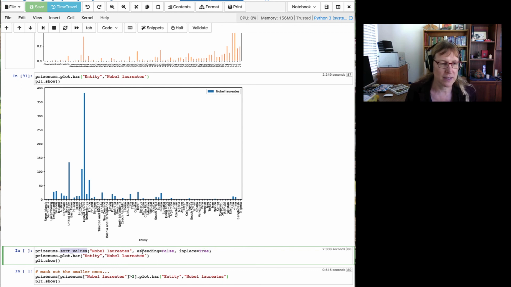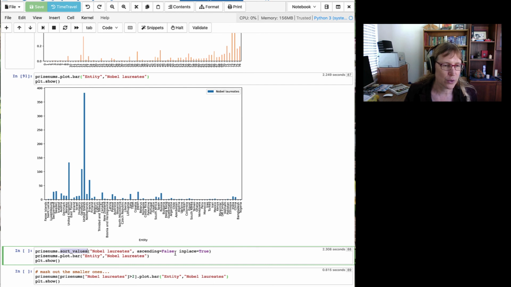Okay, so in most cases there's quite a few arguments that you have a choice of. Here, Nobel laureates is going to specify the column that we're going to sort on. I think we could also specify a list there so that we sort on the first thing and then within that on the second thing and so forth.